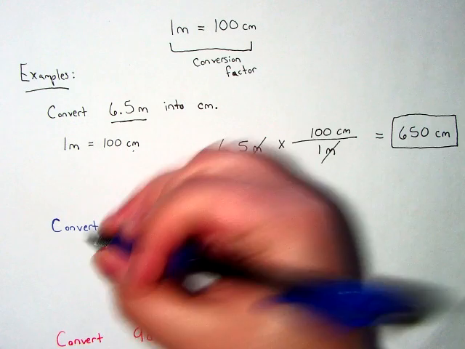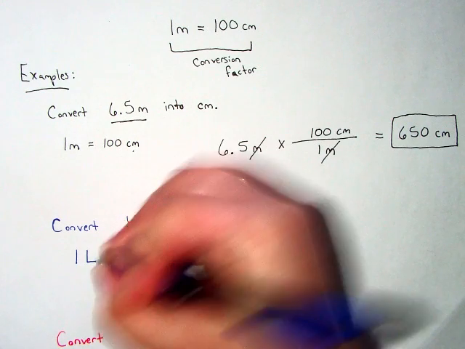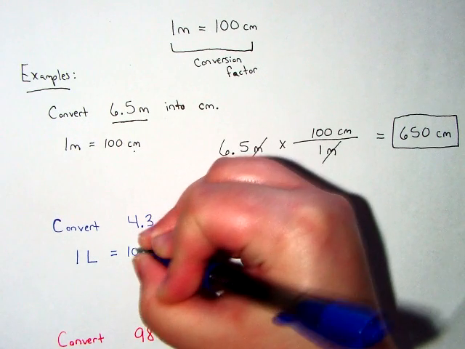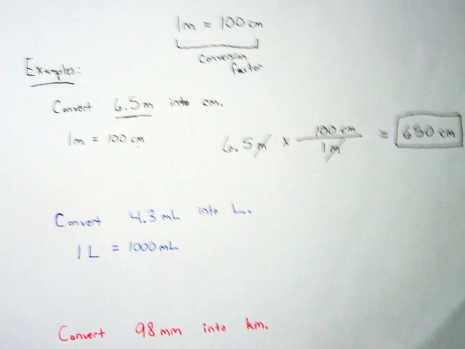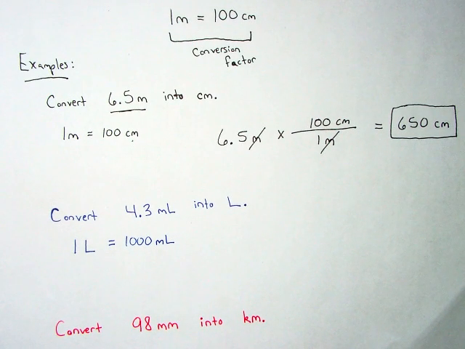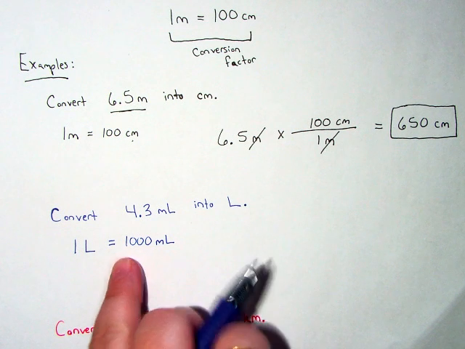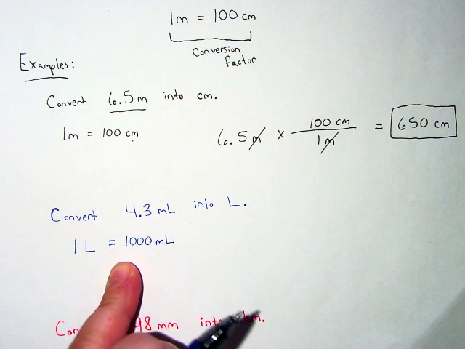So I can say 1 liter is equal to 1,000 milliliters. And if you ever run into the situation where you don't have the conversion factor on your conversion chart, you have a computer at your hands. Make use of it. You can find that very easily just by doing a simple Google search.